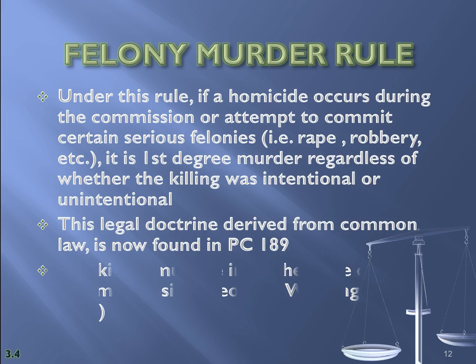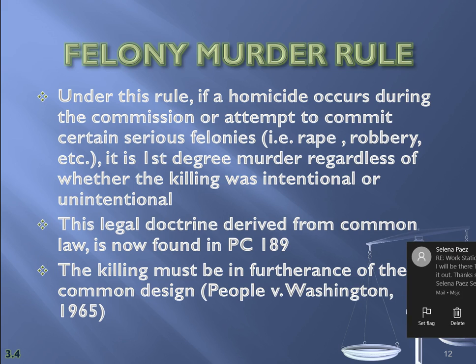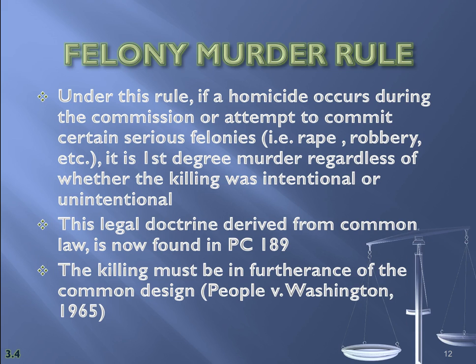on what it is. So under the felony murder rule, if a homicide occurs during the commission or attempt to commit certain serious felonies, rape, robbery, etc., it is first-degree murder regardless of whether the killing was intentional or unintentional.